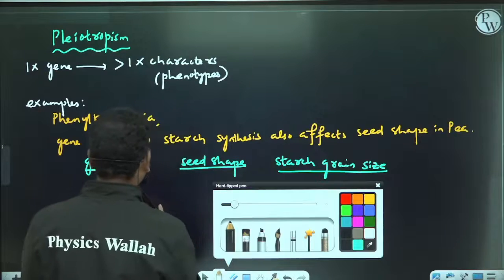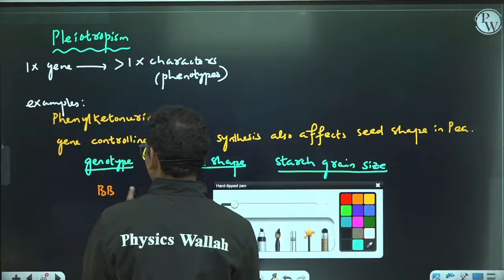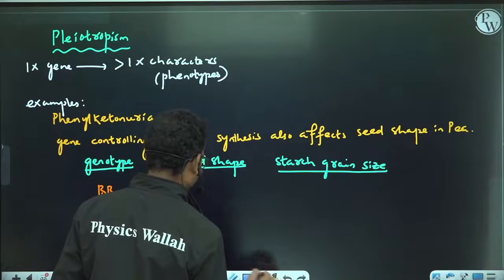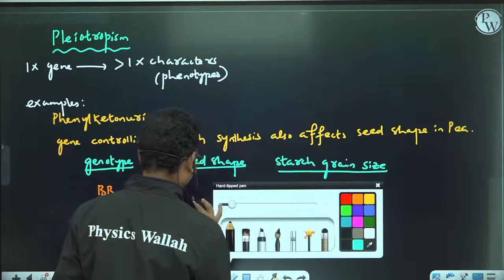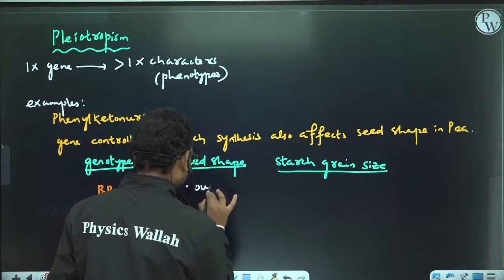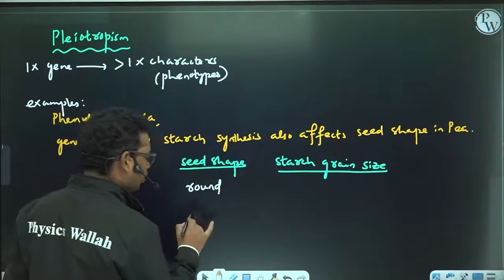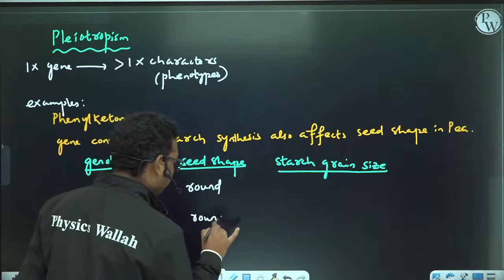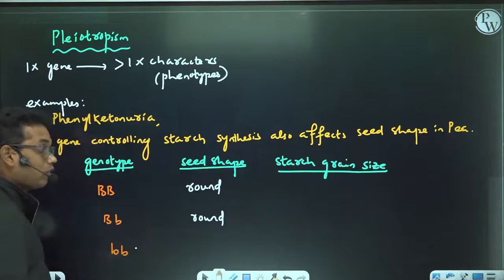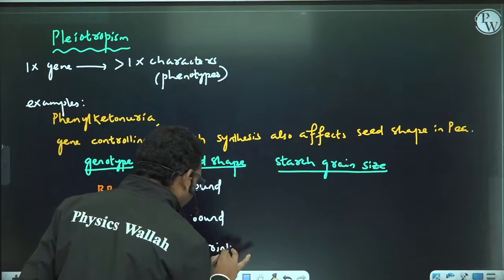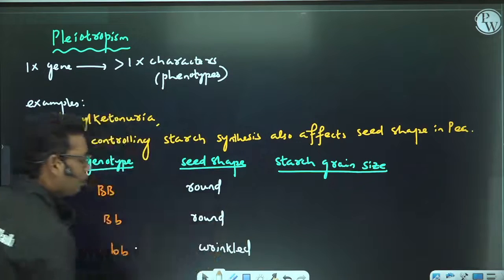So here, because capital B is present, the seed will be round, and because here only small b is present, the seed shape will be wrinkled.